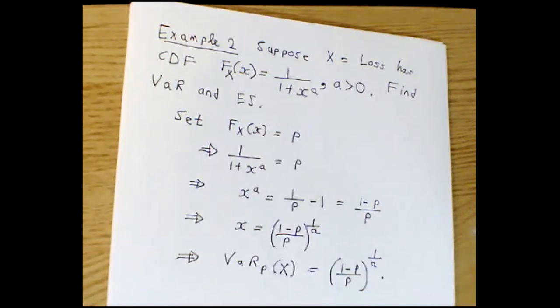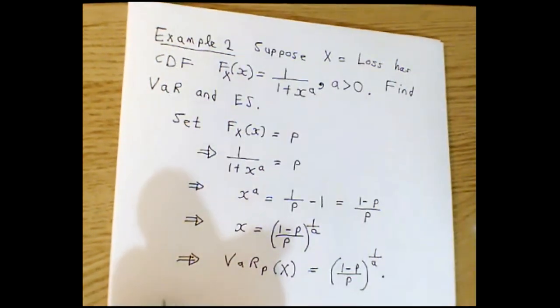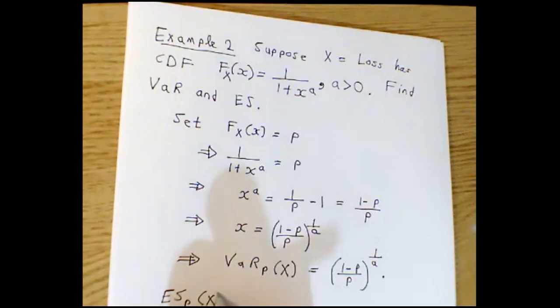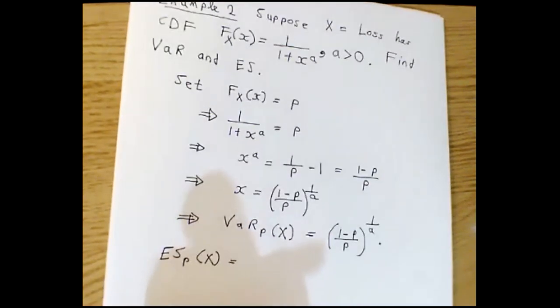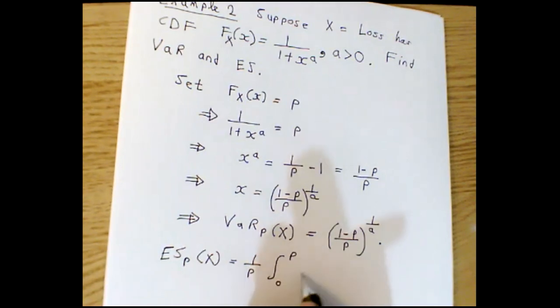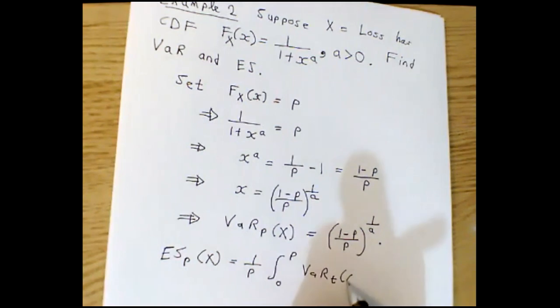Now to find the expected shortfall at p, use the formula I gave you, which is 1 over p times the integral from 0 to p of VaR at t dt.